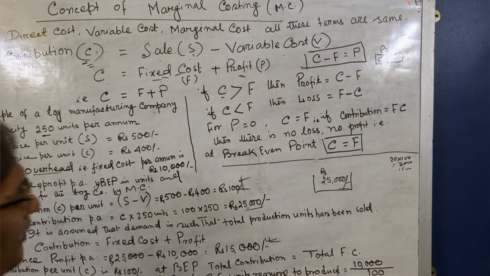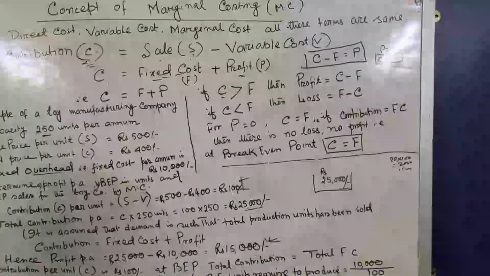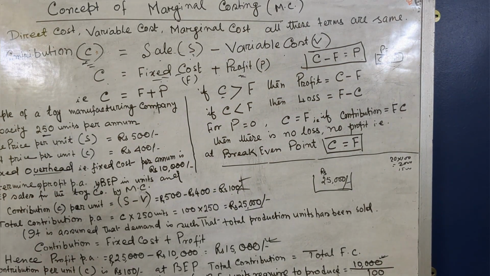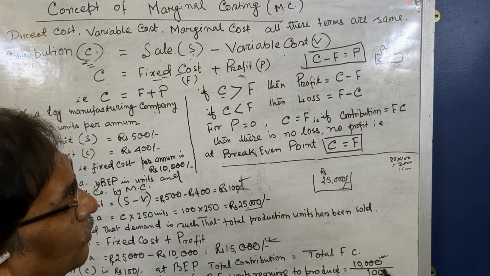Now we are going to find out the break-even point in units for the toy company. Total fixed cost is rupees 10,000 per annum. Each product contributes rupees 100.